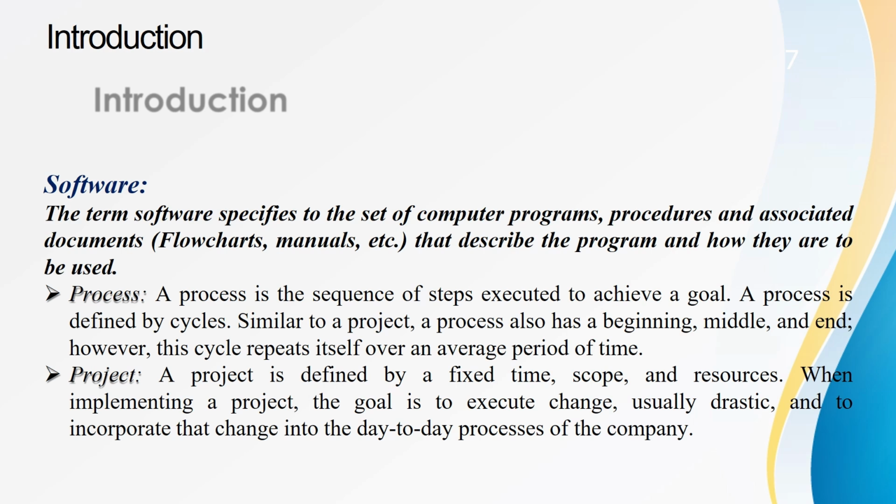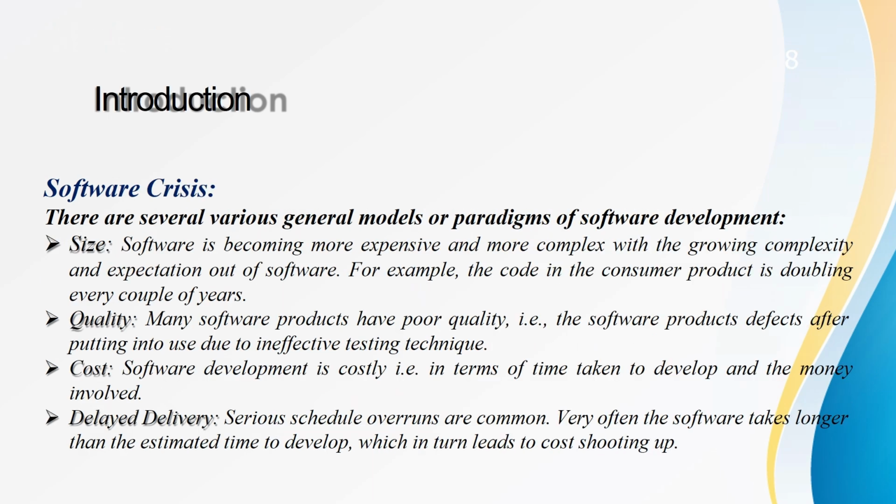Software crisis means difficulties in developing reliable, on-time, and on-budget software systems. These are the aspects included in software crisis. Based on size, software is becoming more expensive and more complex.